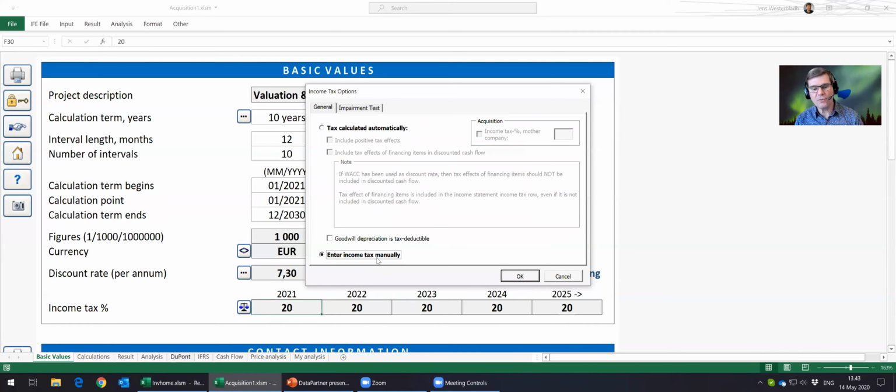Then it will remove the formulas and remove protection, and you can create your own Excel formulas to put the taxes correct way. And also you can have different tax percentage for mother company and the company to be acquired if it's cross-border acquisition.